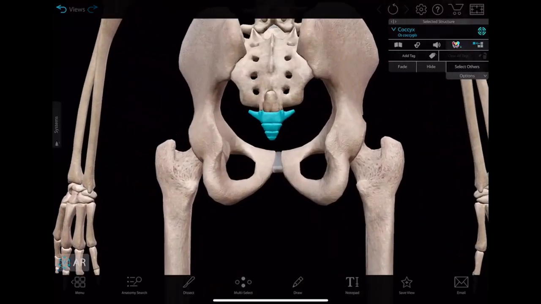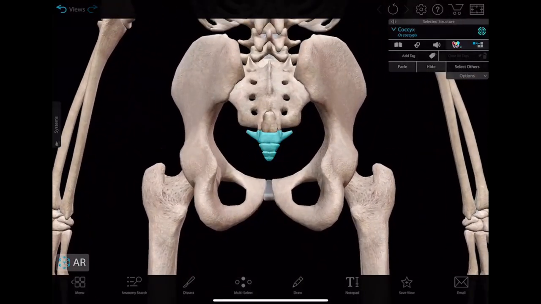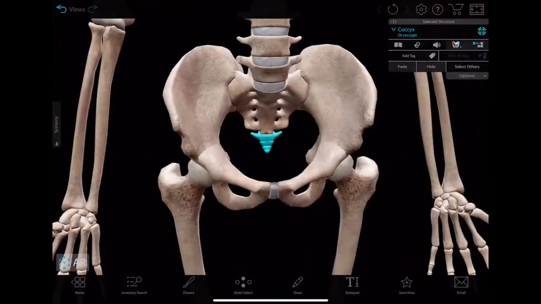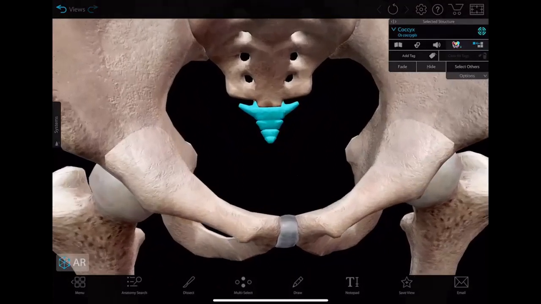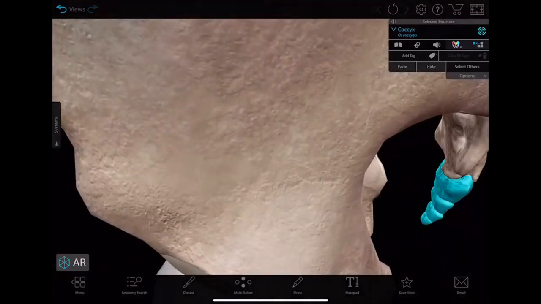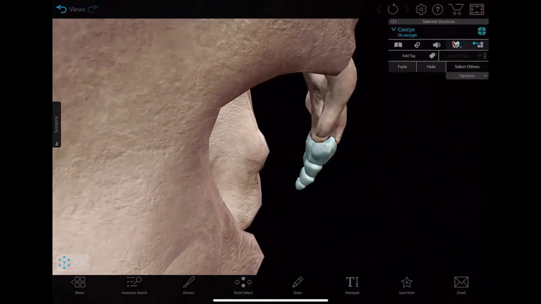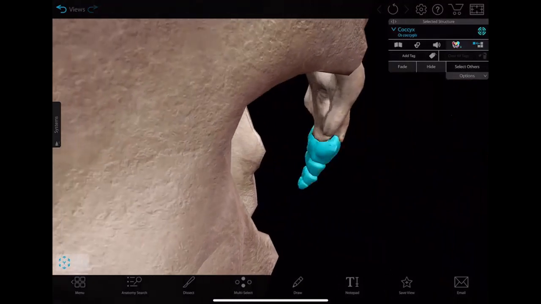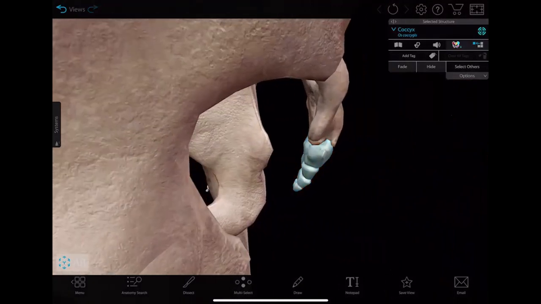You see, it's like a beak, right? This is the dorsal aspect. This is the ventral aspect. You see, this is tilted, right? There is an angle. It is directed downwards and anteriorly, ventrally, right?